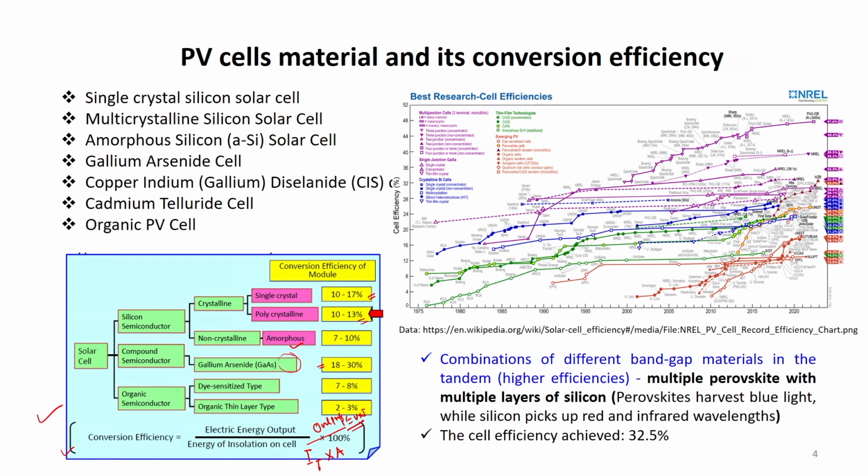Now, the chart you are seeing here represents the historical development of solar cells with their efficiencies. You can see the large development, and many solar cells are slowly gaining popularity, but there are solar cells like perovskite solar cells that jump like a frog, and their development is going very fast.